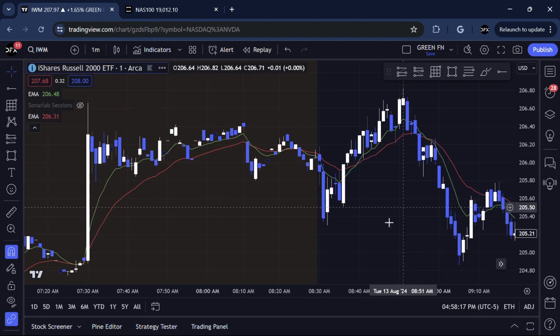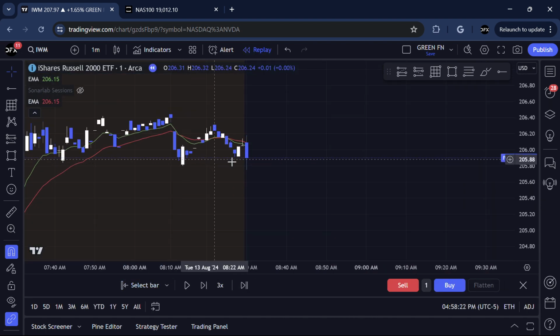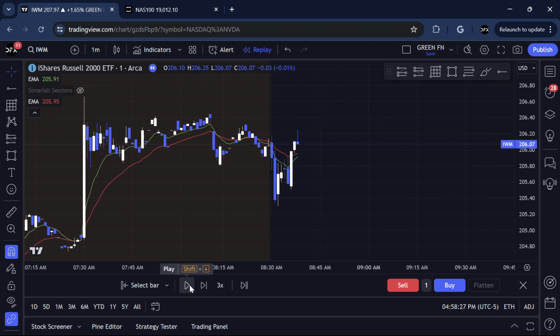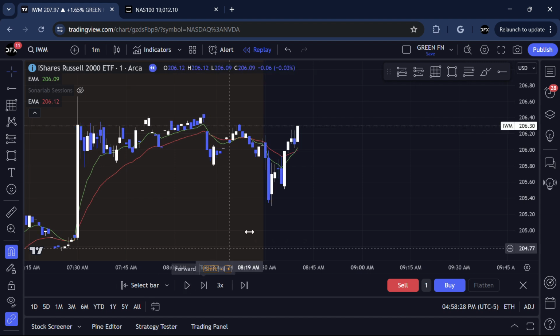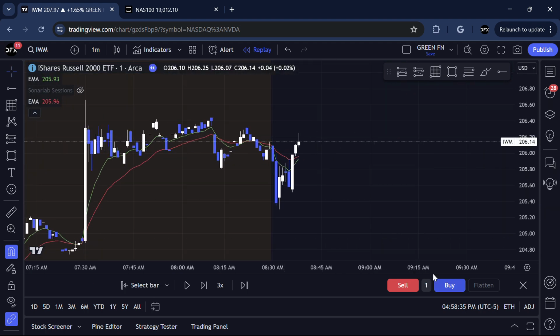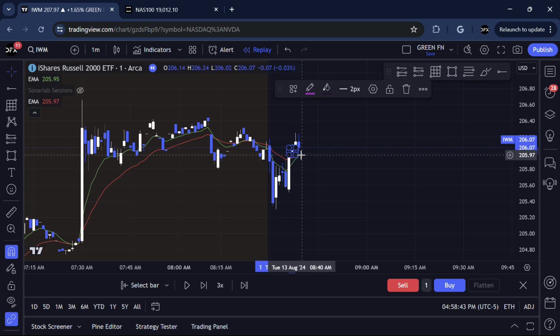We're able to see right off the bat, okay, price wants to open, and then we have that fair value gap that was created. Boom, price comes into that right there. All right, so price comes into that fair value gap, this little 1-minute time frame fair value gap. Price comes into it.